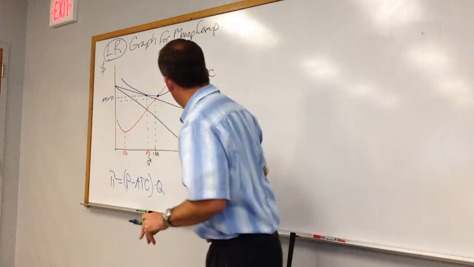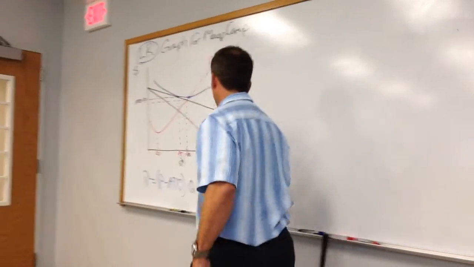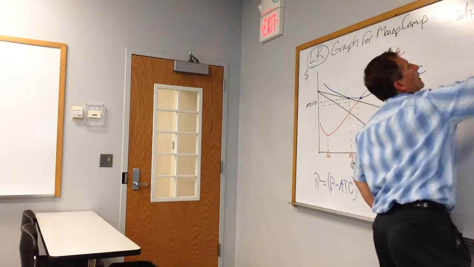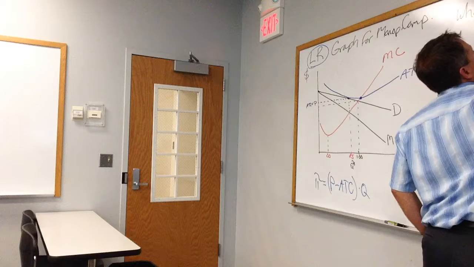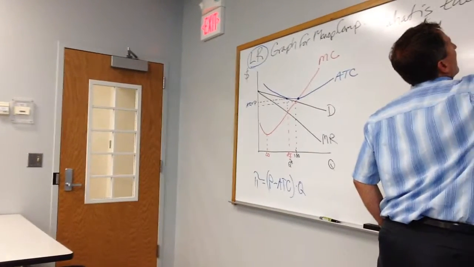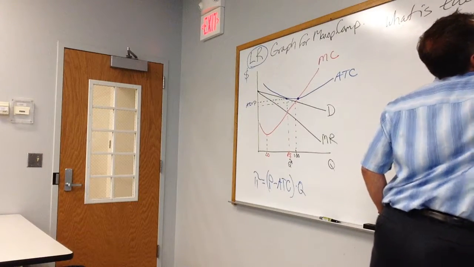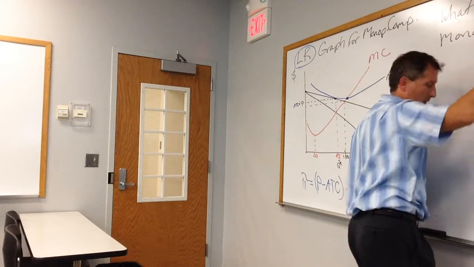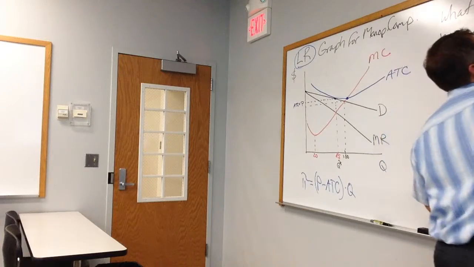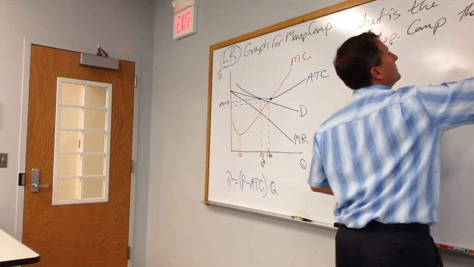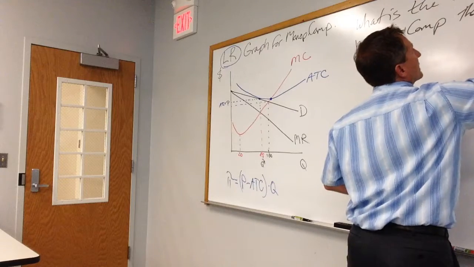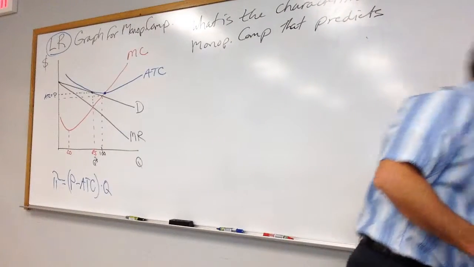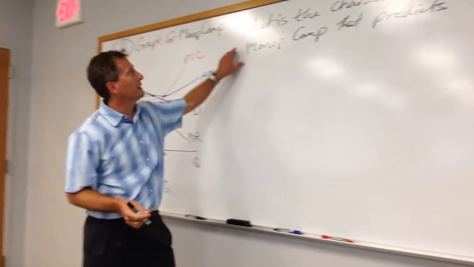What is the key characteristic? I'm going to write this one out so you guys have this. What is the characteristic of monopolistic competition that predicts... I don't know if it predicts, that's probably not the best language, but we'll roll with it.